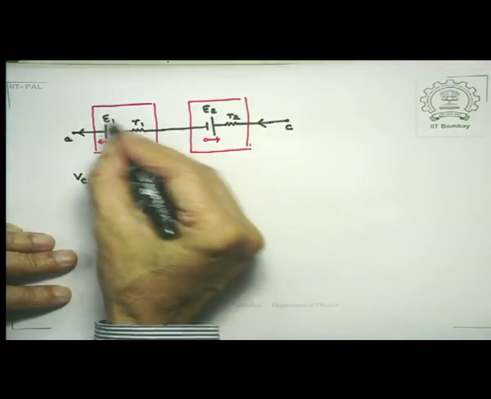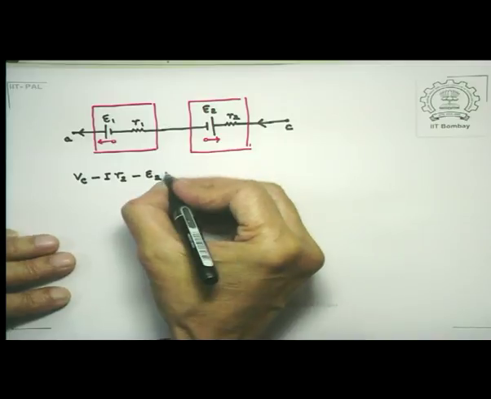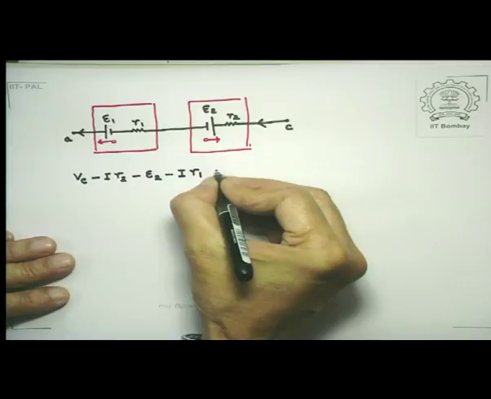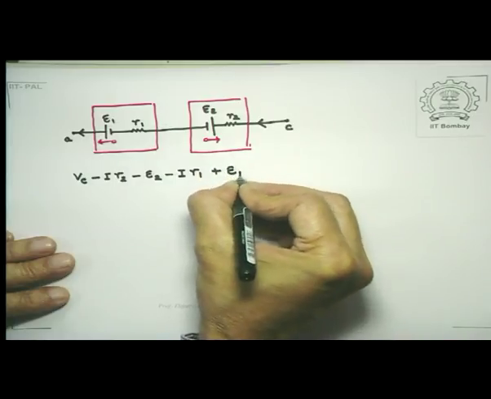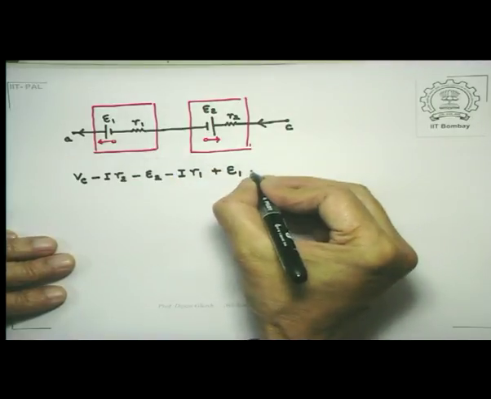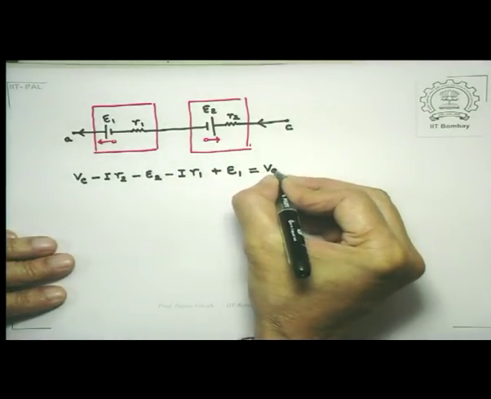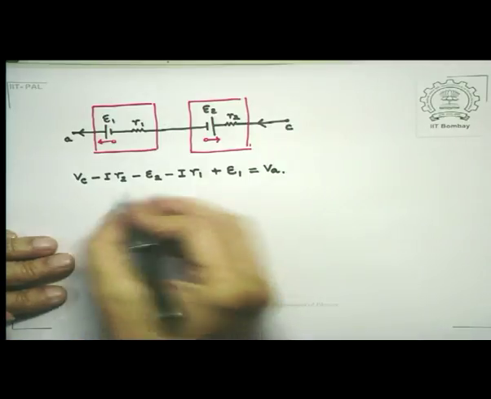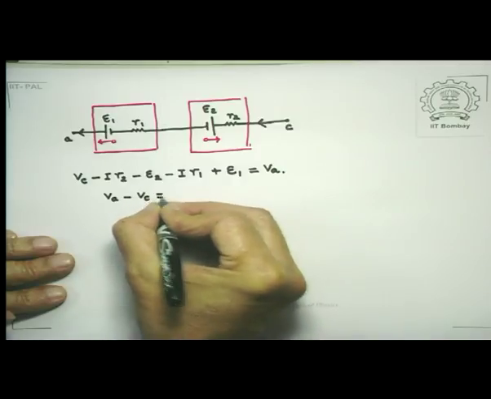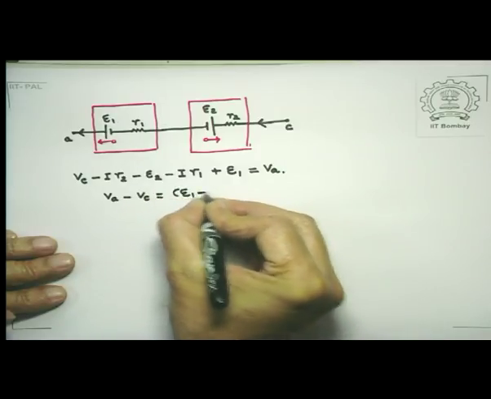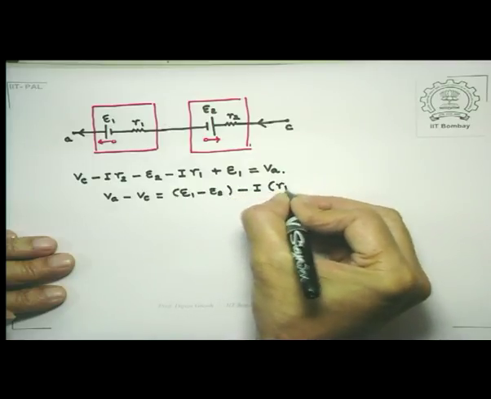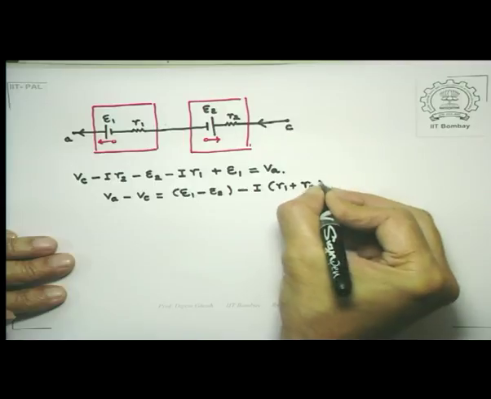Once again, when I enter the next seat of EMF, I have a minus I times R1, but this time I have a plus E1 because I am going from the negative terminal to the positive terminal, and I reach the point A. So this is equal to V of A. So this tells me that V of A minus V of C is equal to E1 minus E2 minus I times (R1 plus R2).